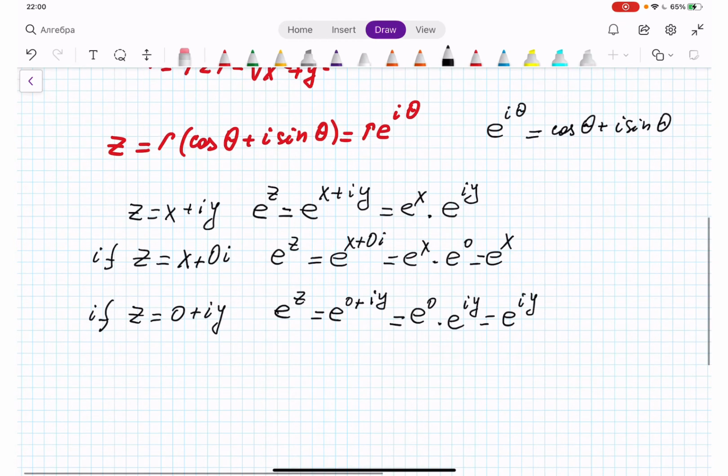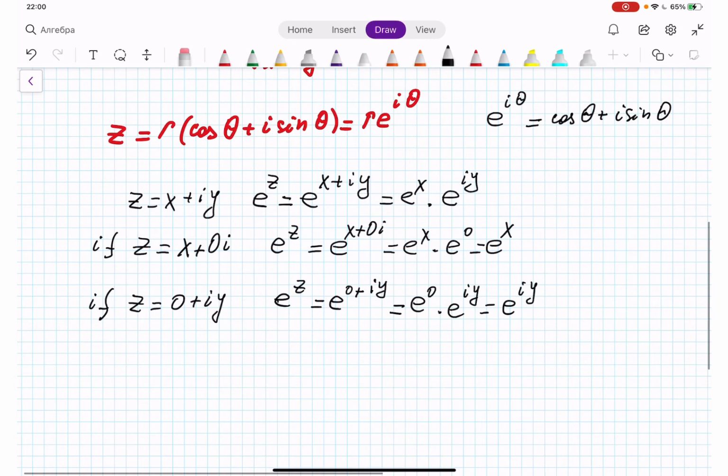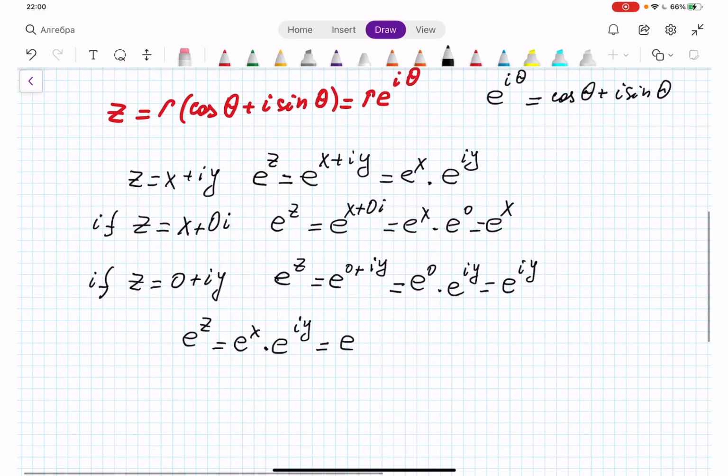So, using Euler formula, we get e to power z equals e to power x times e to power iy, and it's equal to e to power x times cosine y plus i sine y.